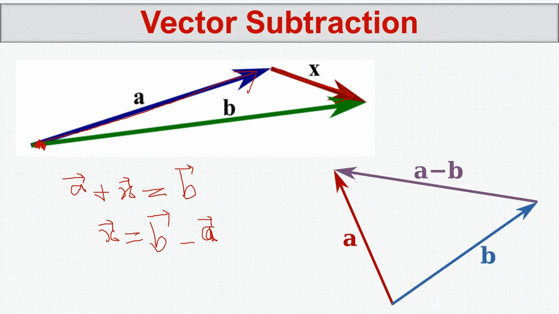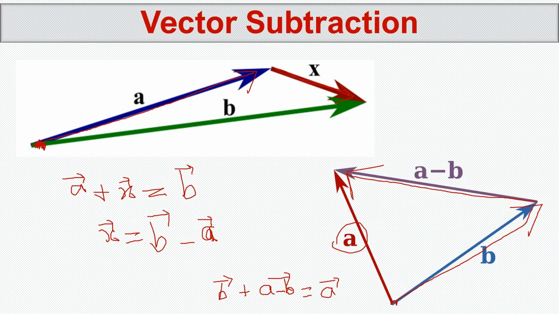If we look here, the starting point is this. We have the B vector and we are adding a minus B vector, so that we will get the A vector. Okay, so this is the subtraction in different forms.